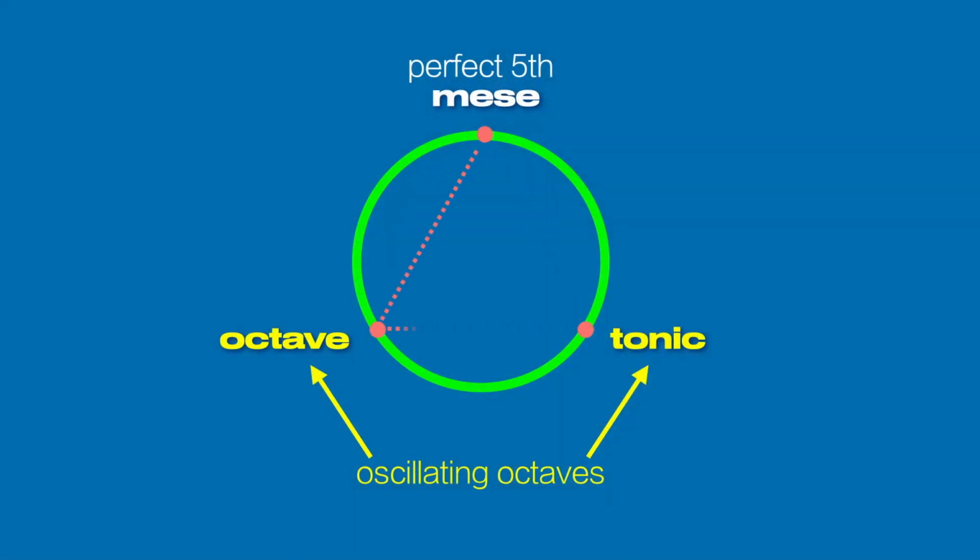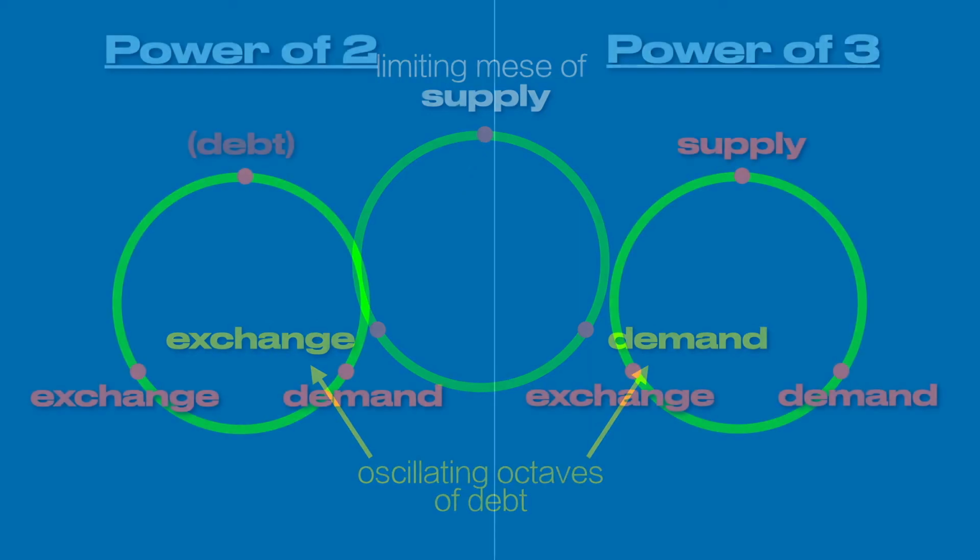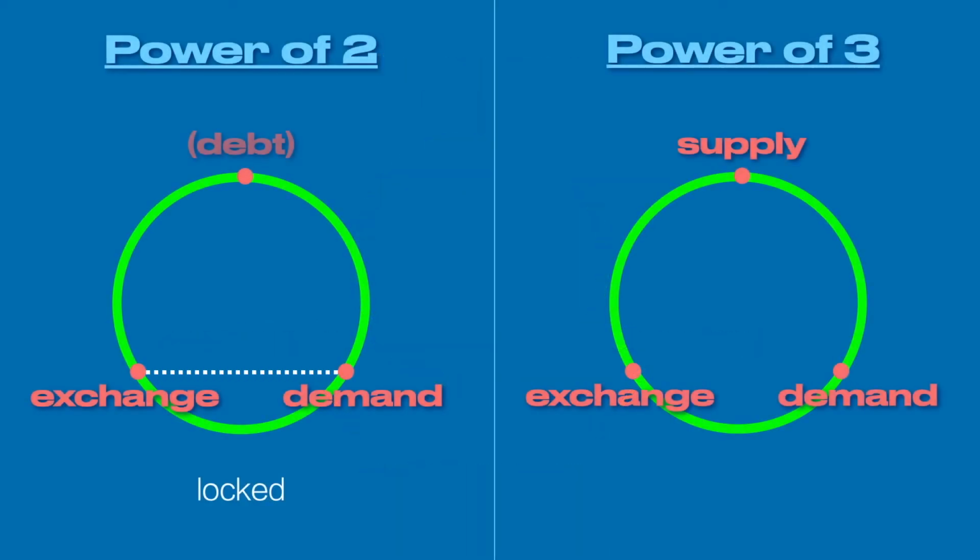Just as the octave requires its expansive nature to be checked by the odd harmonics, fiat money requires its expansive nature to be checked by supply. In this way, money reverts back to its previous form of supply, rather than expanding out into a future form of debt.